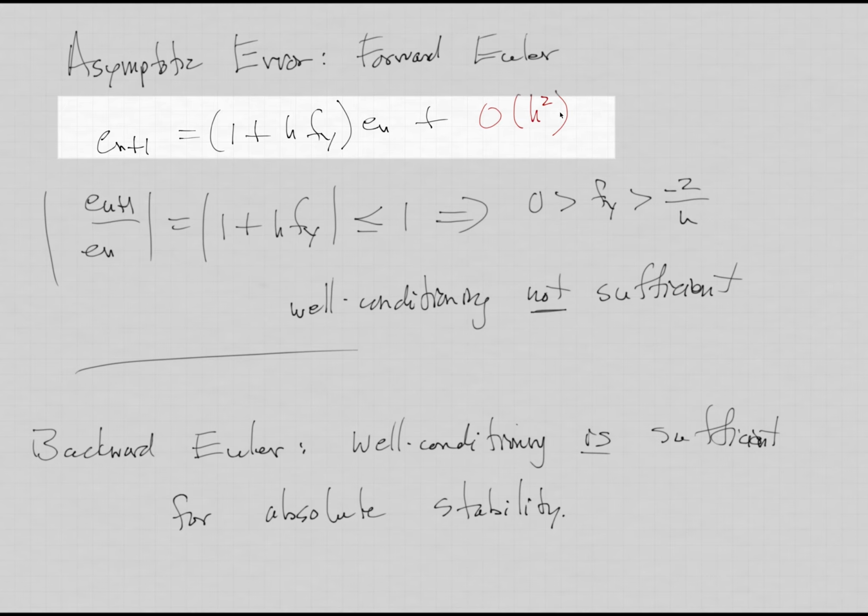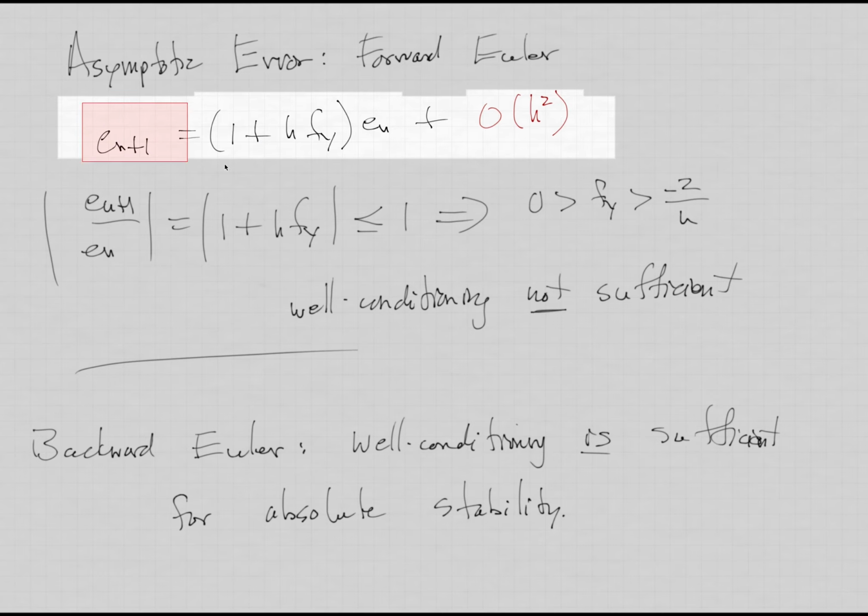In the following calculation, I'm going to ignore the order h squared term. Remember, this is the truncation error, of order h squared, so I'm going to consider it relatively small compared to the propagated error, which is of order h.